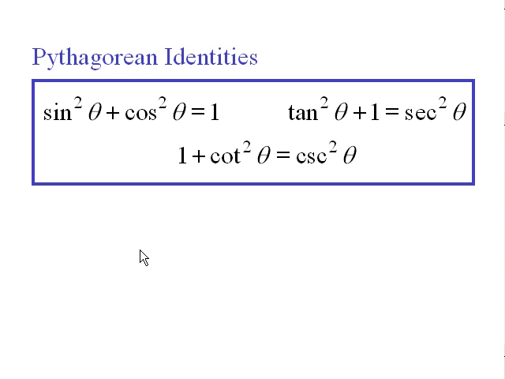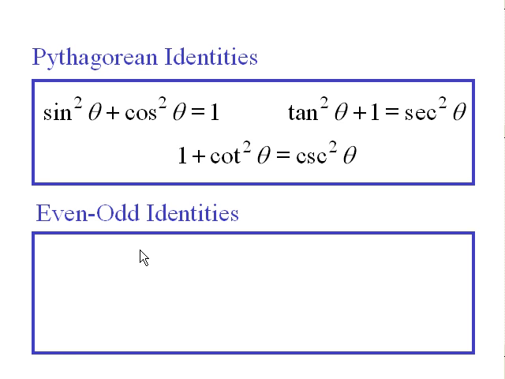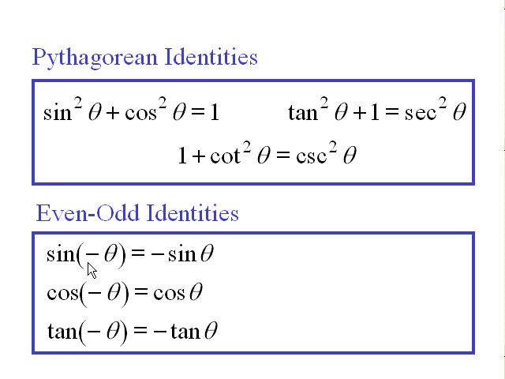Some other identities that we have noted are based on facts about the symmetry of the trig functions. The even-odd identities say that sine is an odd function. That says sine of the angle and sine of minus the angle are the same in size but opposite in signs. One's positive and one's negative. It says that cosine is an even function. Cosine, it doesn't matter if you go to the left or to the right, it's the same value.